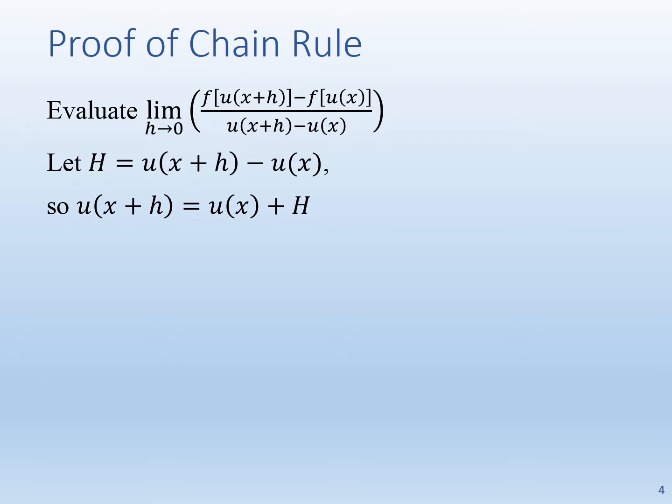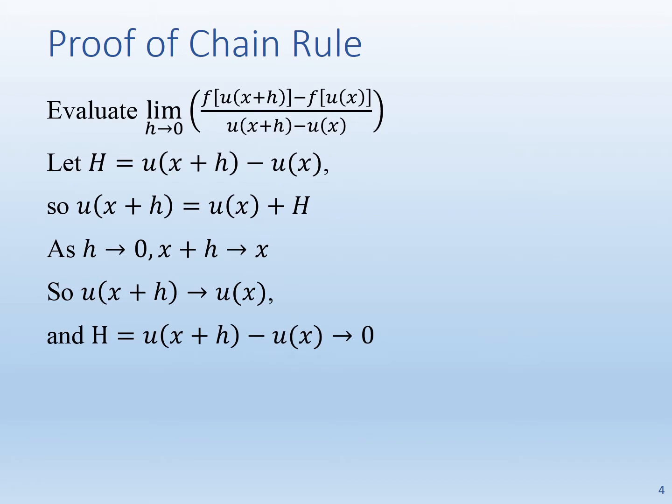And so then we have, as h approaches 0, the x plus h will approach x, because the h is going off to 0. And so therefore the u of x plus h will approach u of x. So therefore the H, which is the u of x plus h minus u of x, that's going to approach 0, because we'll end up with a u of x minus a u of x.